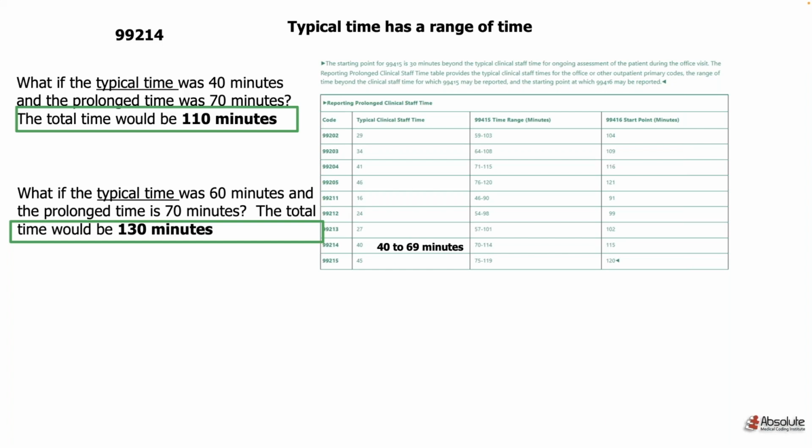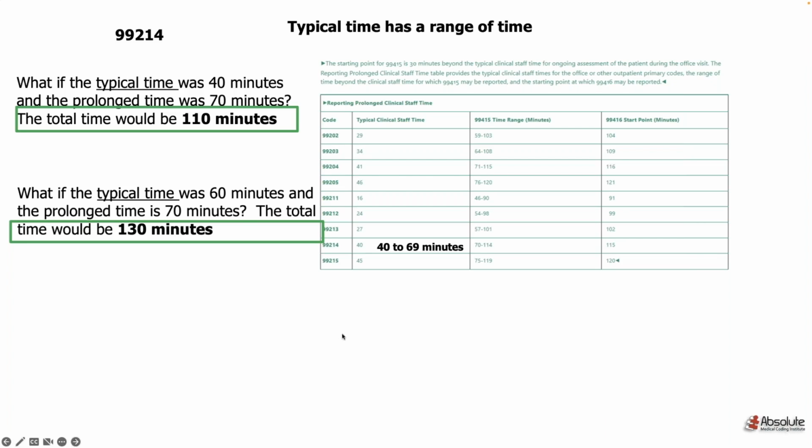If they don't document the typical time, you use 40, because with 40 you will not overcode. And if they give you the prolonged time, then you're good.